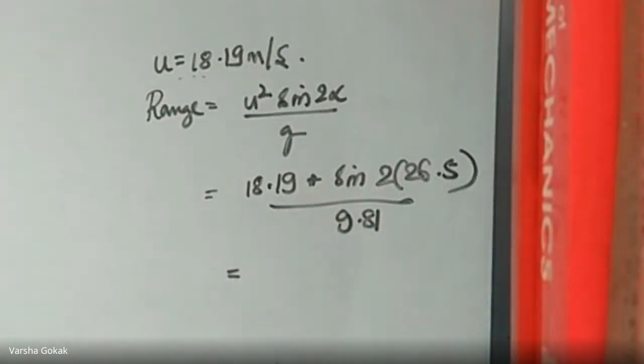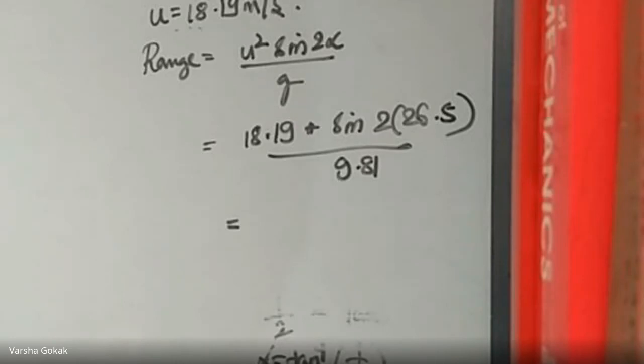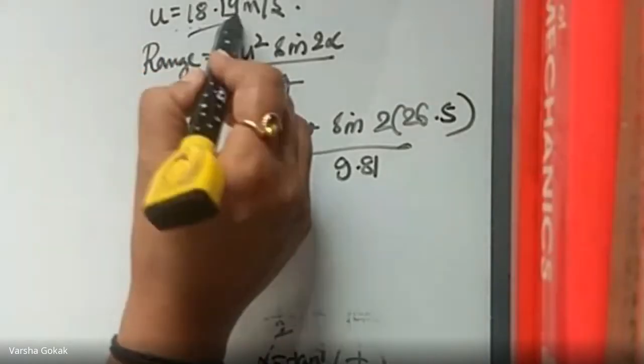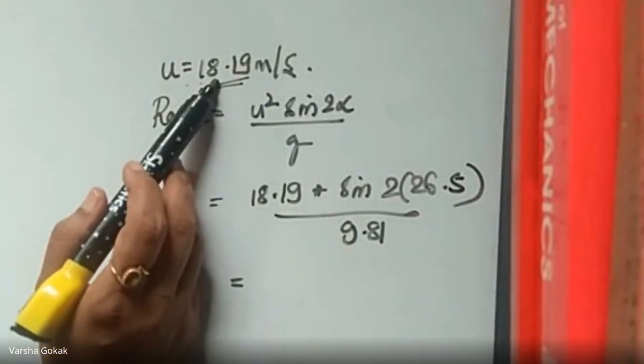How much is it? Prathamesh, I'm losing your connection. I didn't hear you. Ma'am, 18.19 square, whole square.